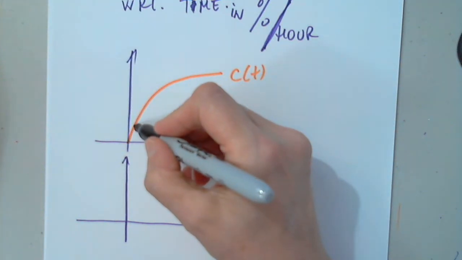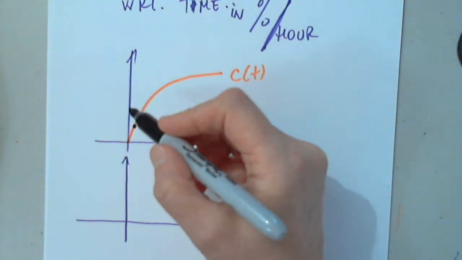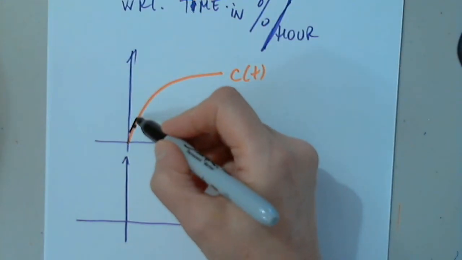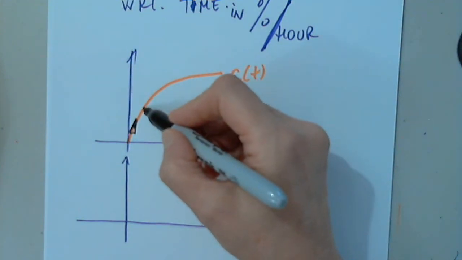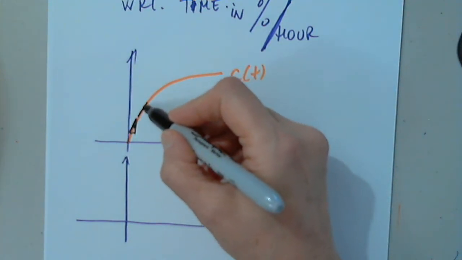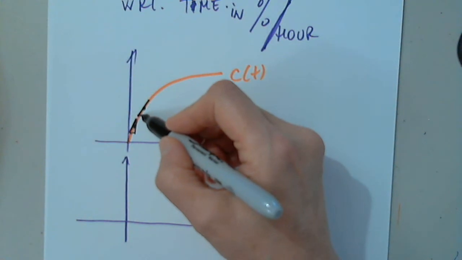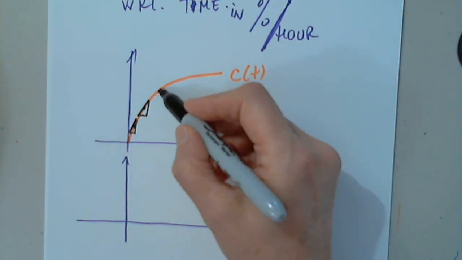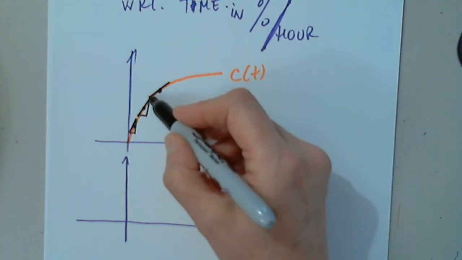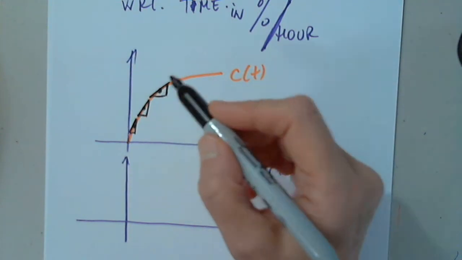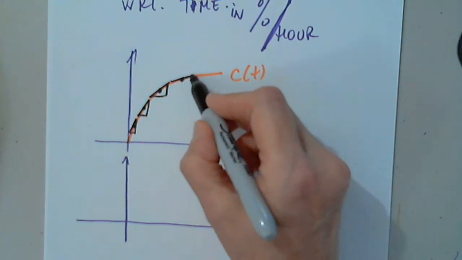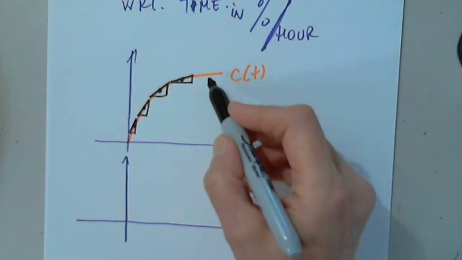So at this point, this is the slope. At this point, this is the tangent, and this is the slope. At this point, this is the tangent, and this is the slope.